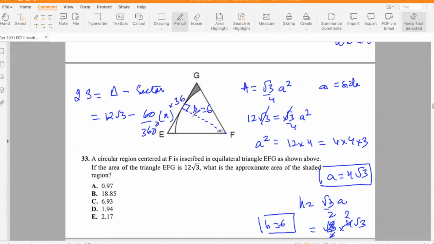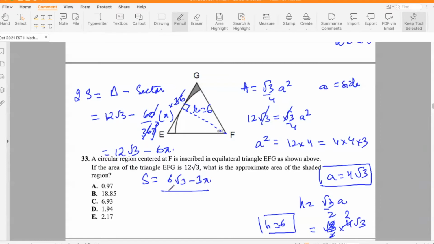Because radius is 6. So 0, 0 cancels and 36 cancels with 36. So 12 root 3 minus 6 pi, right? So one shaded area would be 6 root 3 minus 3 pi.